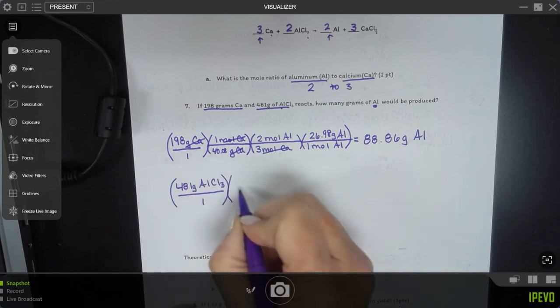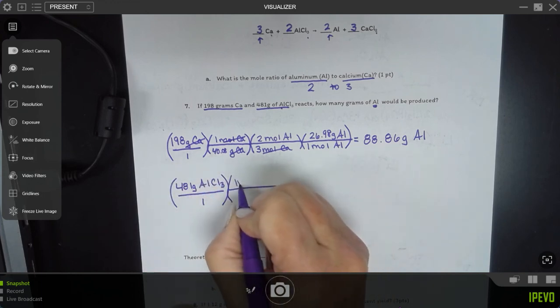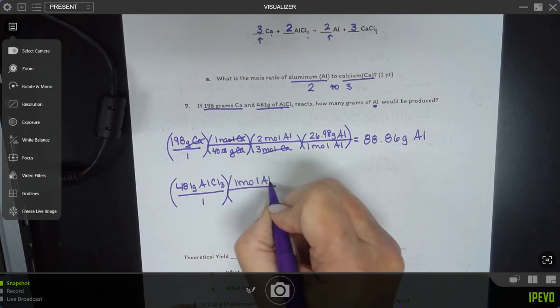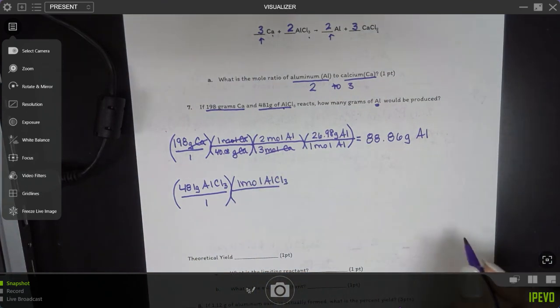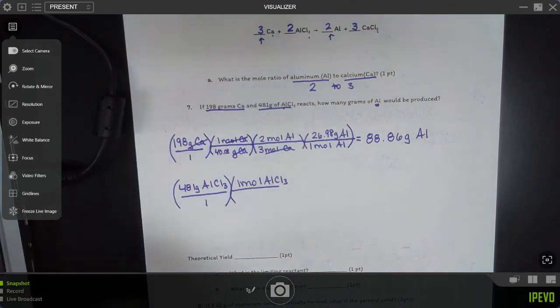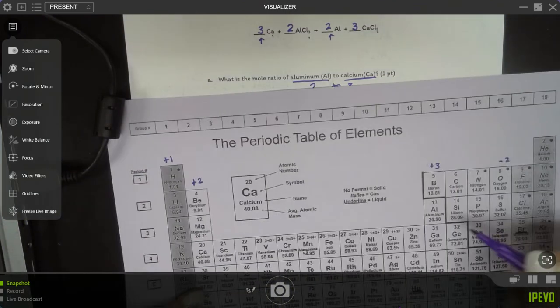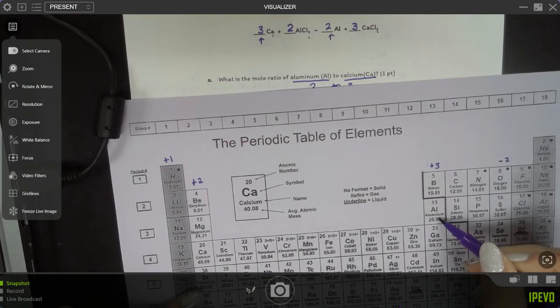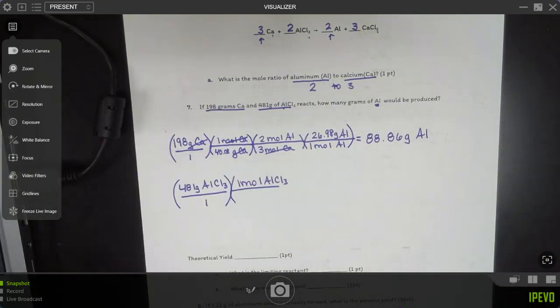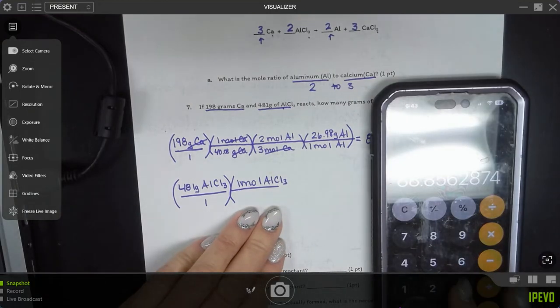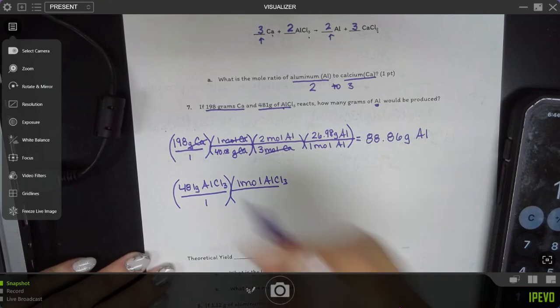The first thing we need is the molar mass of aluminum chloride. So let's just calculate that up in this space up here. Aluminum is 26.98, chlorine is 35.45. I have 3 chlorine, so let's do 3 times 35.45, 106.35.